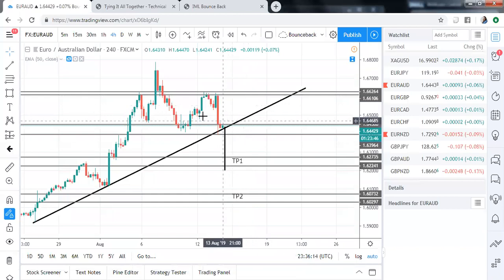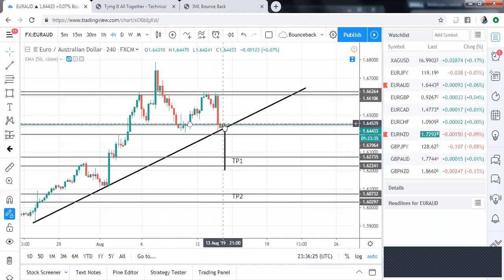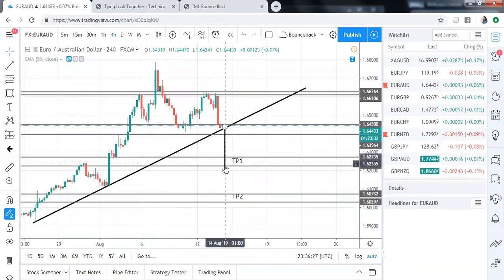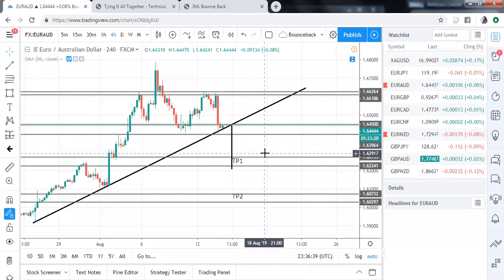Now, we've just measured from the top to the neckline. So notice how this sell is lining up perfectly with our take profit 1.